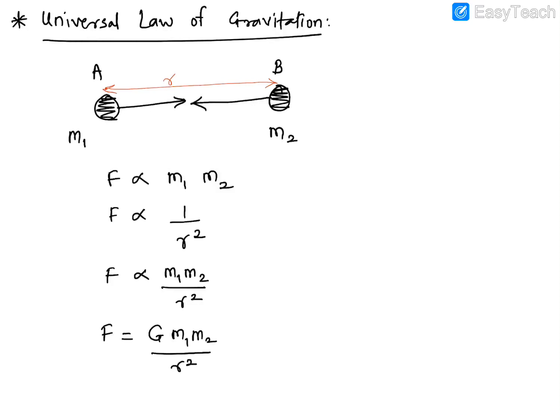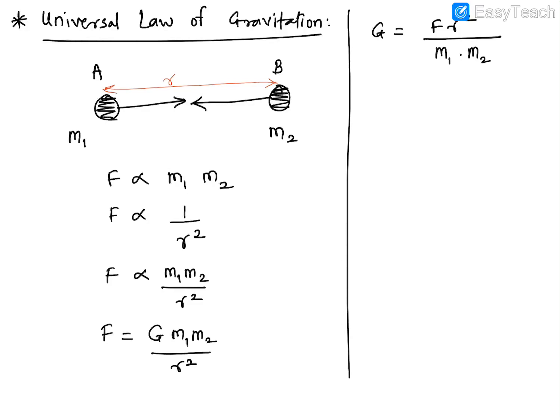Now if F is equal to G m1 m2 upon R squared, what will G be equal to? G will be equal to F R squared upon m1 into m2. So you get G, the gravitational constant. Clear? Now about the units of the gravitational constant. What is the unit of force?